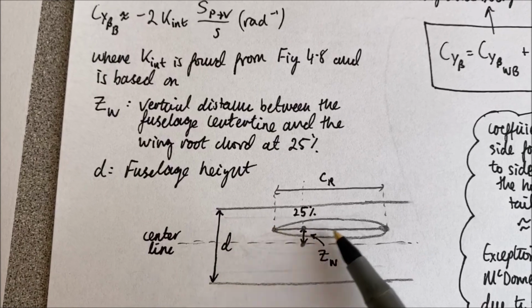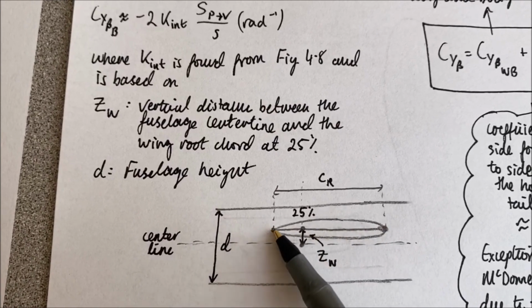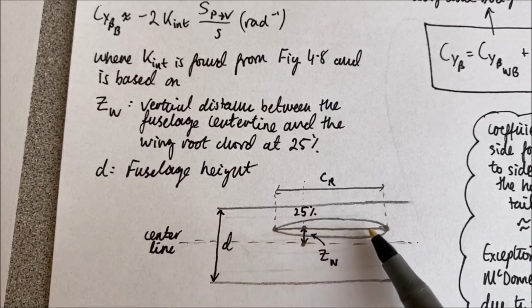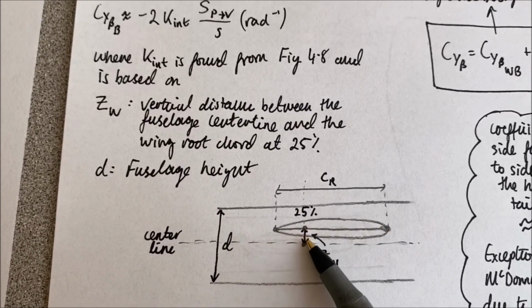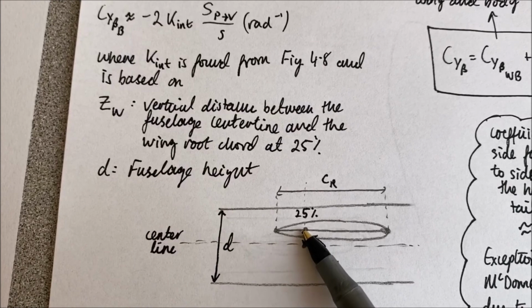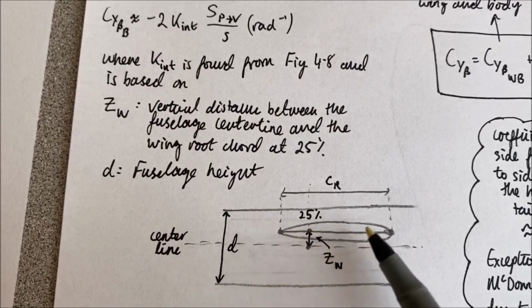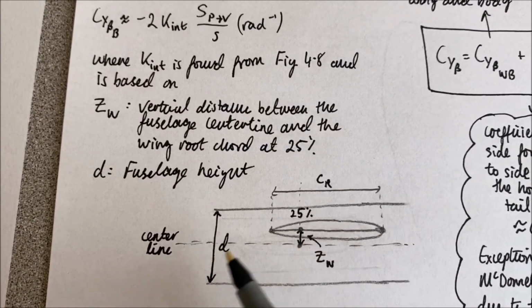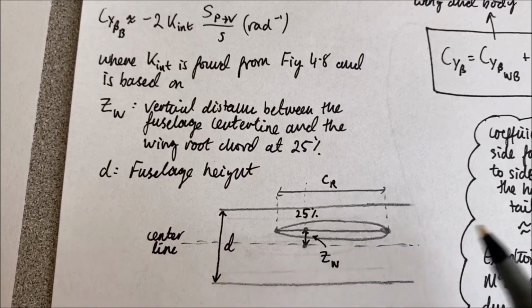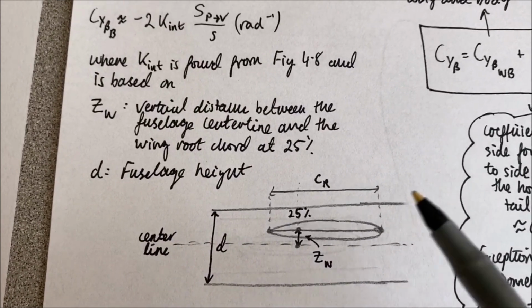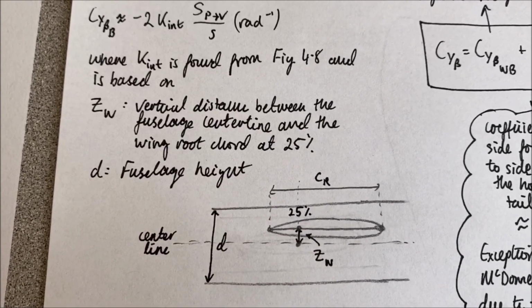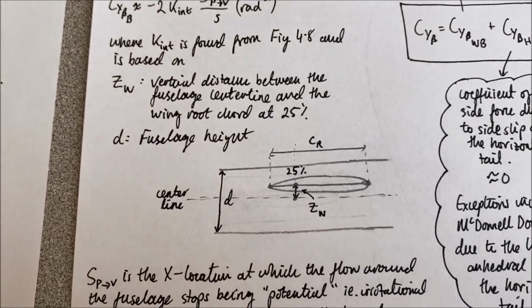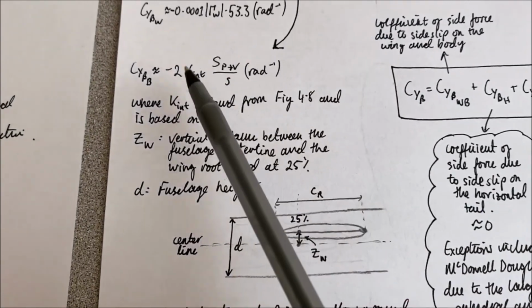So here's my wing root, how it's attached to the fuselage, right? This is the chord, and then this is the distance between the centerline and the chord at 25% along it, assuming the front of the aircraft is this way, right? And also the fuselage height given by the parameter d. So that deals with k sub int.